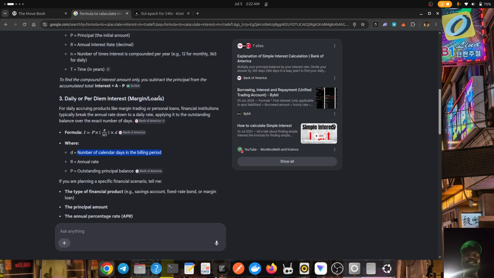So simple. So this is going to be standing principal balance. I think this is supposed to run per day and reduce actually.